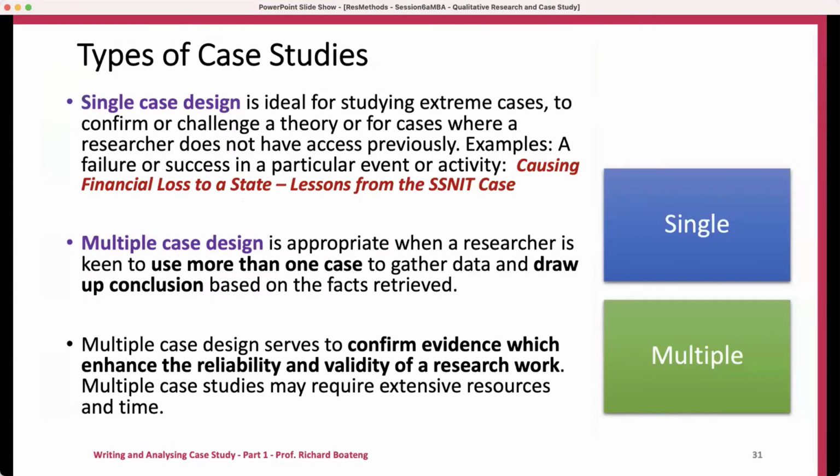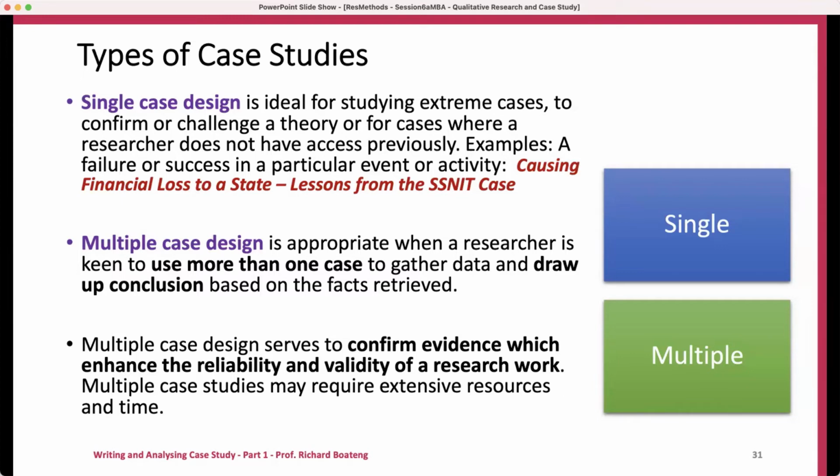Now we can have a single case where you're focusing on only one bounded phenomenon or one bounded event. And then you can also have multiple case studies where you're looking at multiple bounded events or multiple bounded phenomena.